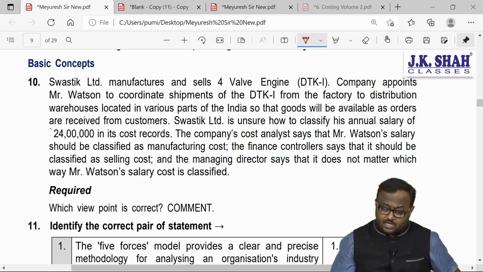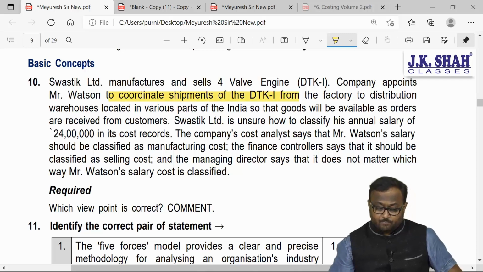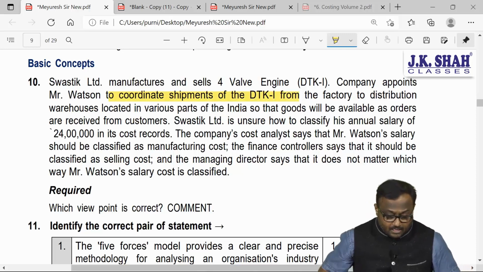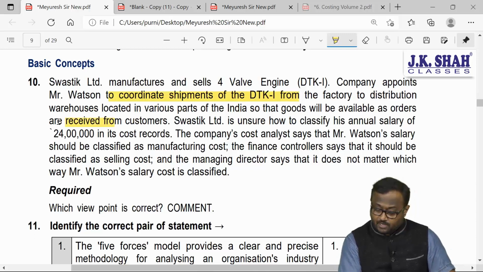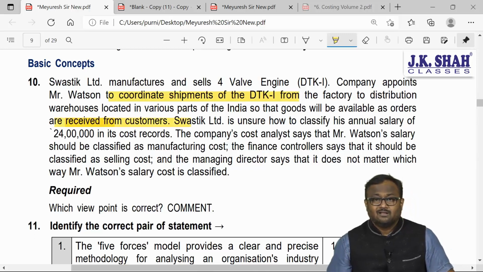Now Mr. Watson here is coordinating shipments so that finished goods will be made available for customers.